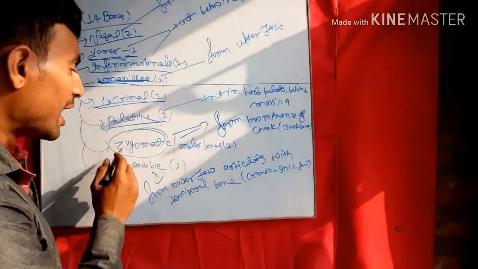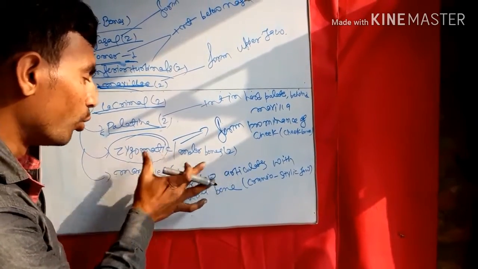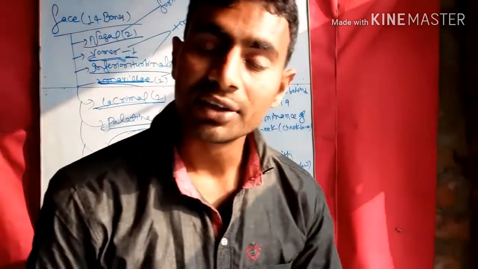This is the zygomatic, also called molar bones, and its number is 2.